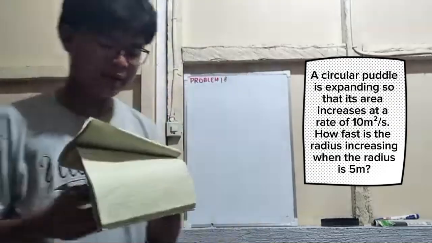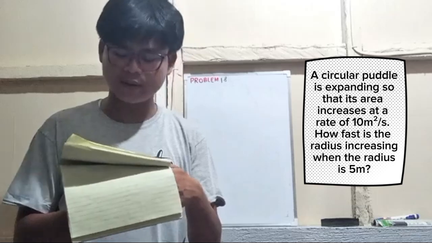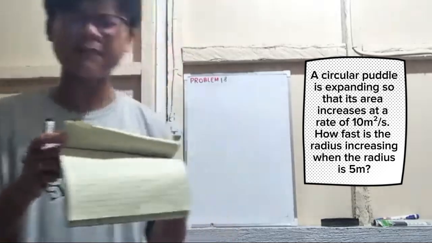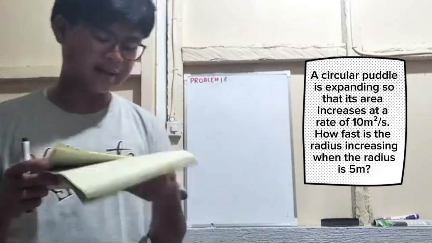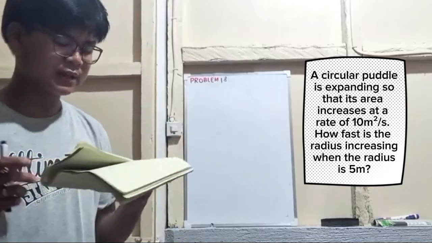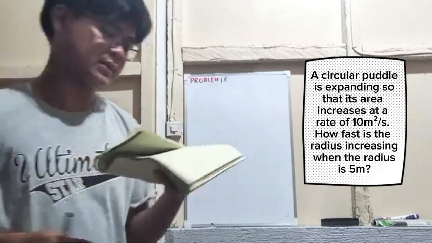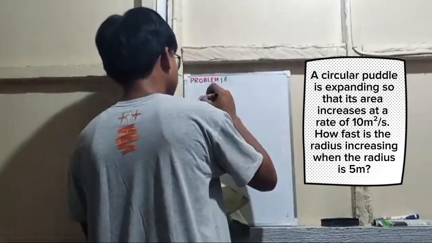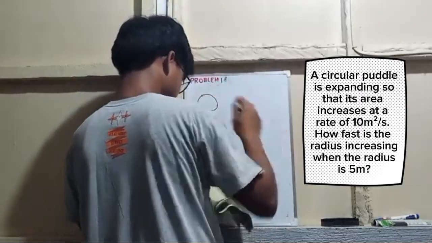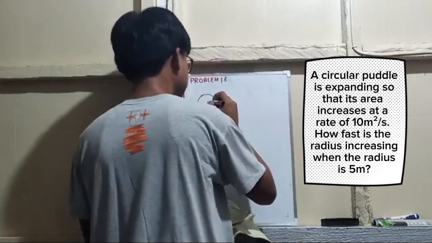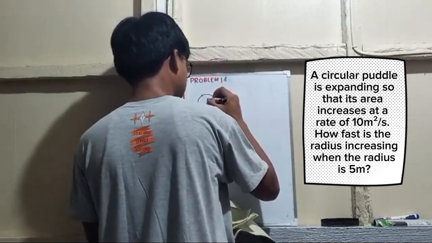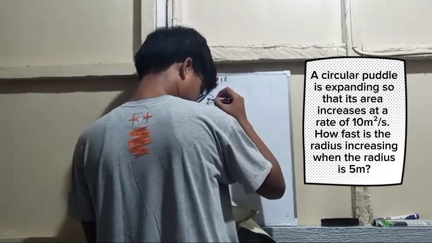So we'll proceed to problem 18. A circular puddle is expanding so that its area increases at a rate of 10 meters squared per second. How fast is the radius increasing when the radius is 5 meters? So first we'll draw the circular puddle with the radius equal to 5 meters.